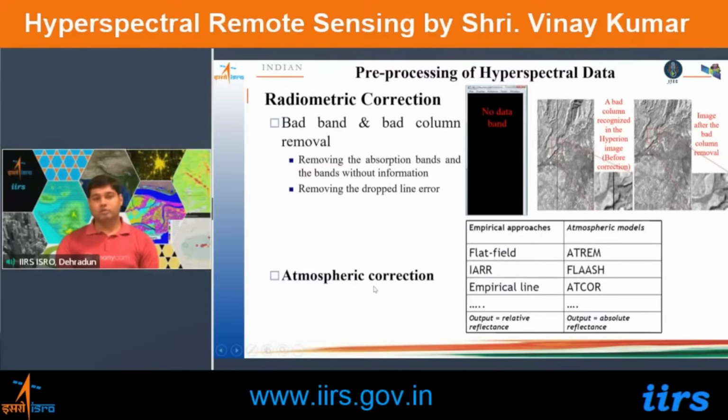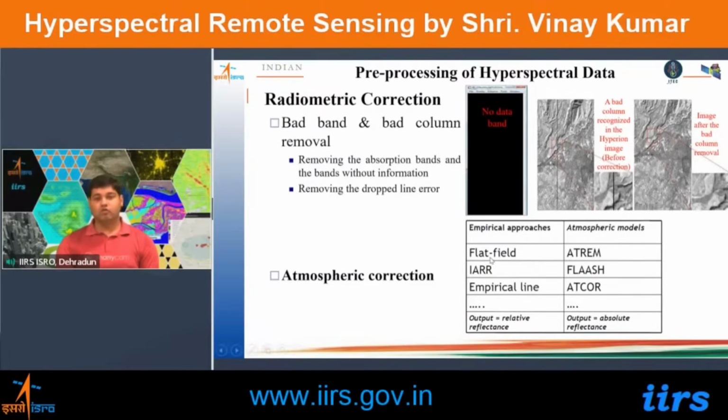Then coming to atmospheric correction, we have to do the conversion to surface reflectance by two approaches: one empirical and one using radiative transfer models. Normally empirical approaches are used when we have no information or parameters about the data.